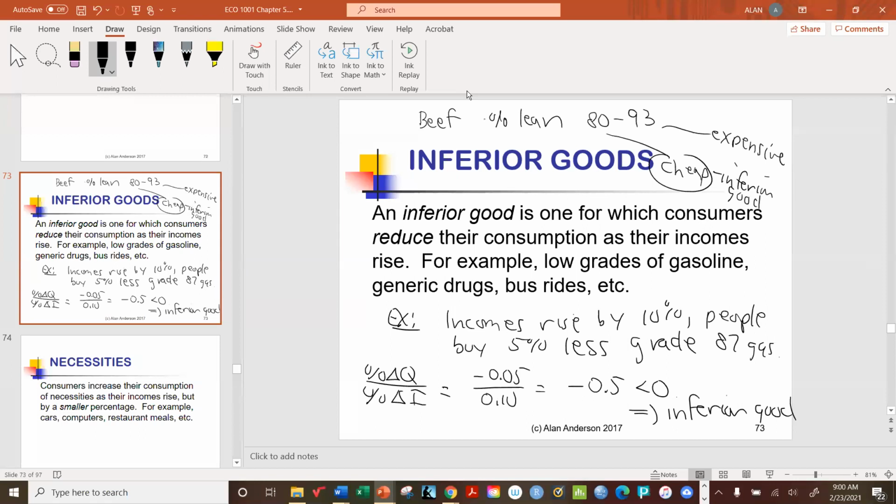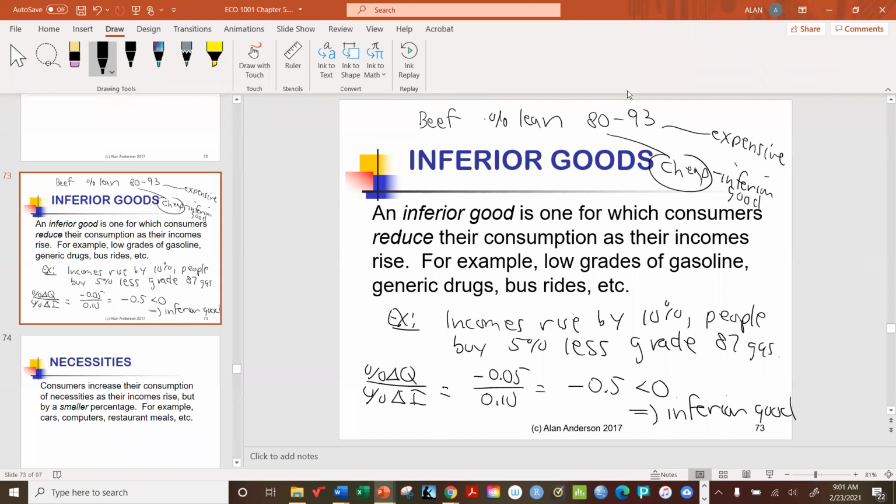If you're not used to shopping in a supermarket, you might not have paid attention to this because maybe you're eating your burgers in McDonald's, who knows? But if you are looking at these labels carefully, you'll see that there's a bunch of different grades available. 93 is, I think, as high as it goes.